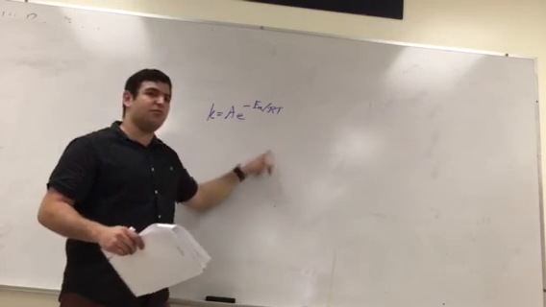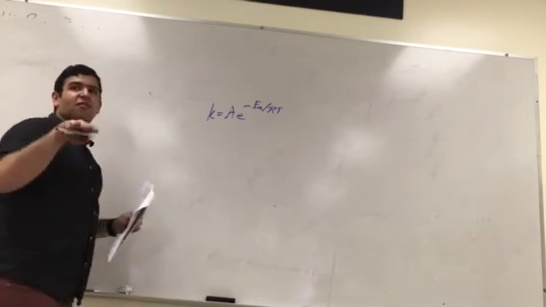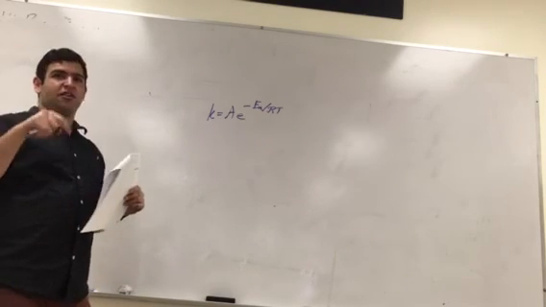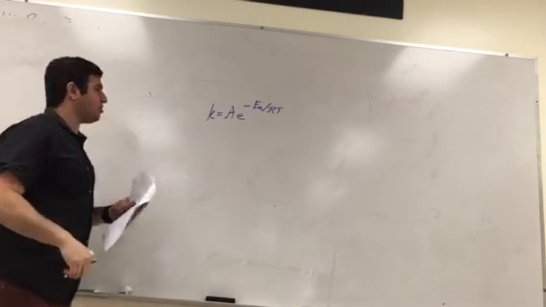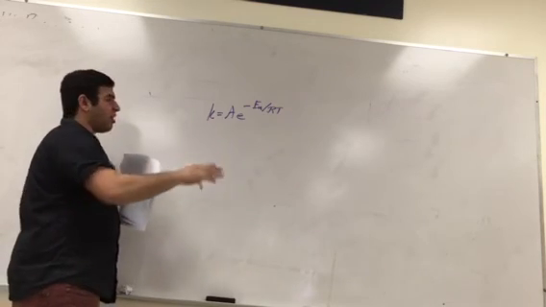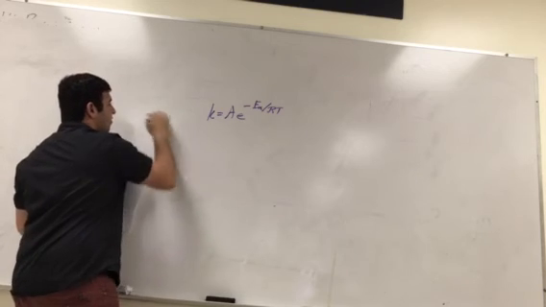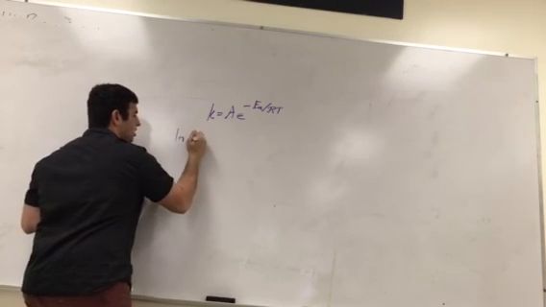Now one thing I've seen him do before is he'll give you a graph, and he'll ask what's the activation energy. It's a line graph, and you wonder how to do that, but you have to look at the axes. Let me show you something. I'm going to make this a little nicer. What if I take the natural log of both sides?